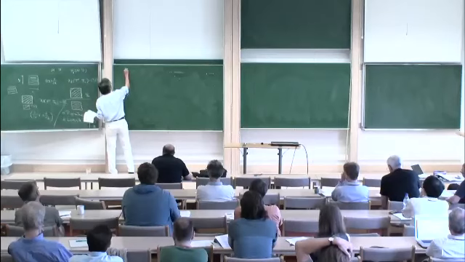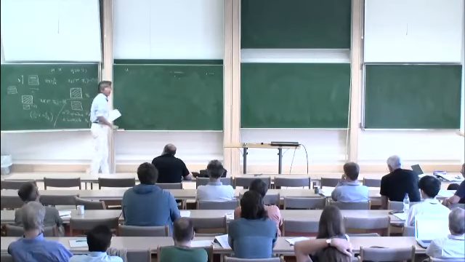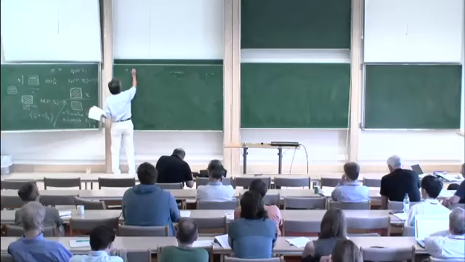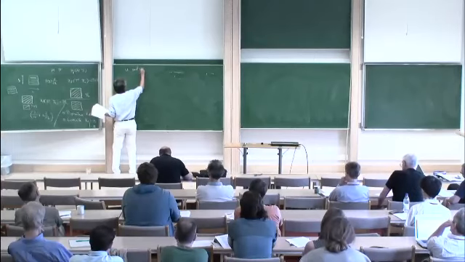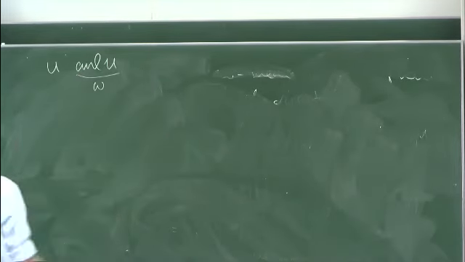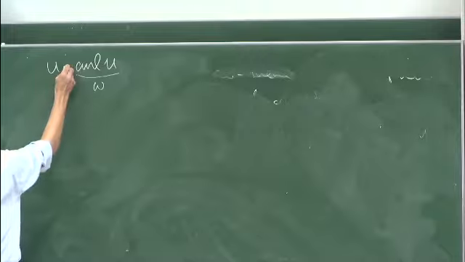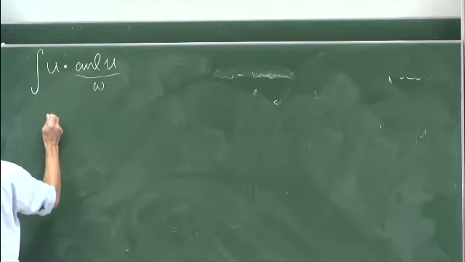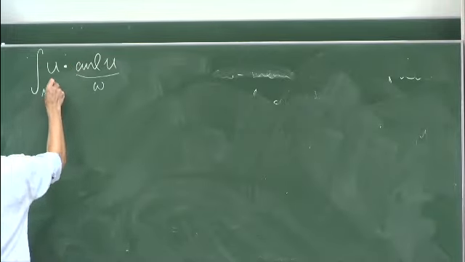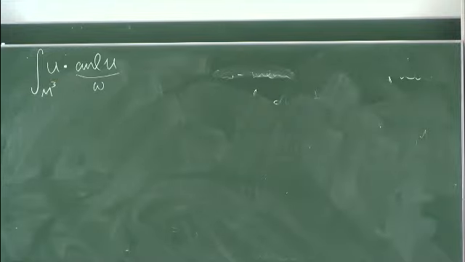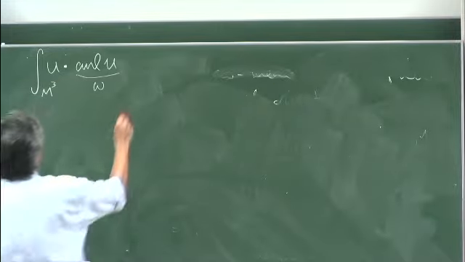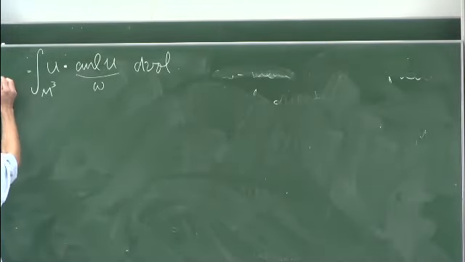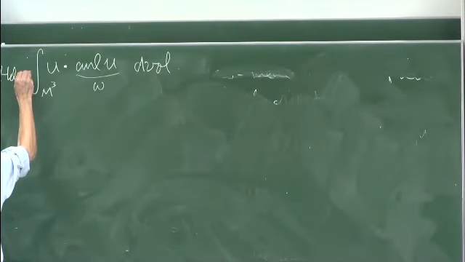In fluid dynamics, usually first we take a velocity field u, and then take its curl, quite often written as omega, and take its inner product, and then integrate it over the space. But in my case, the space is a manifold, and I put the volume form. And this is called the helicity of u.